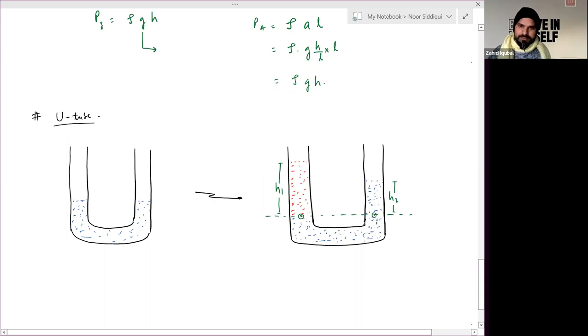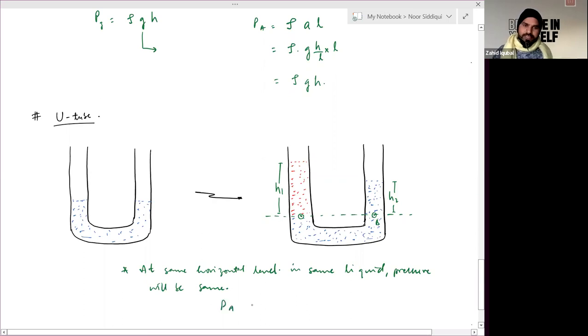Let's say this point is B. Just remember, at the same horizontal level in the same liquid, pressure will be the same on either arm. So pressure at point A must equal pressure at point B.